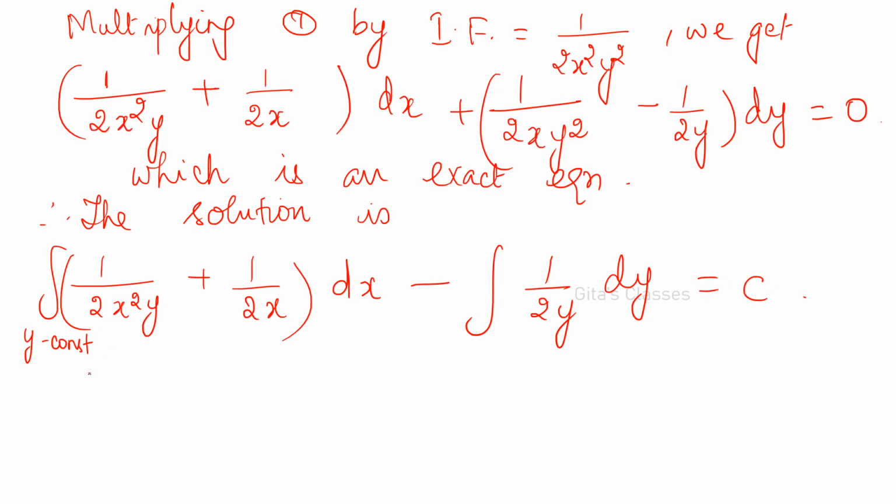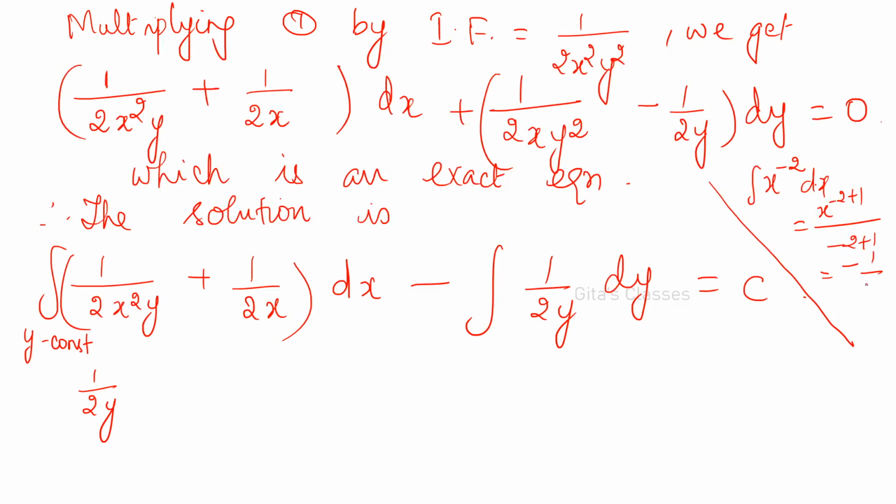So 1 by 2y is a constant, I will take it outside, and 1 by x squared means x power minus 2. The integral of x power minus 2 dx will be x power (minus 2 plus 1) divided by (minus 2 plus 1), whatever you are writing in the power, so it will become x power minus 1 divided by minus 1, that is minus 1 by x.